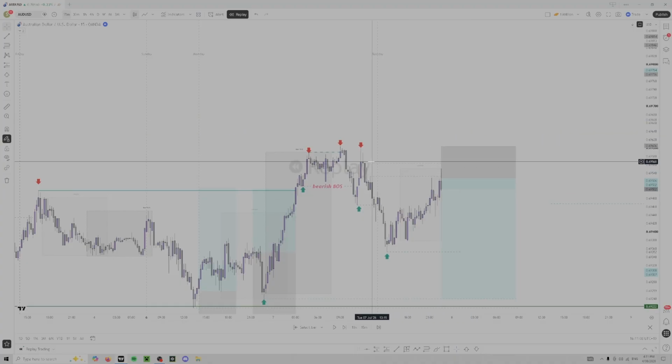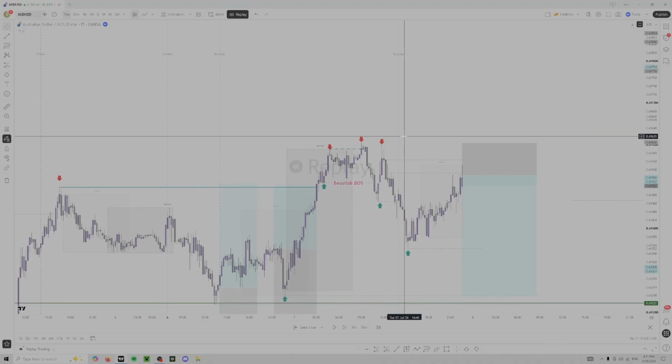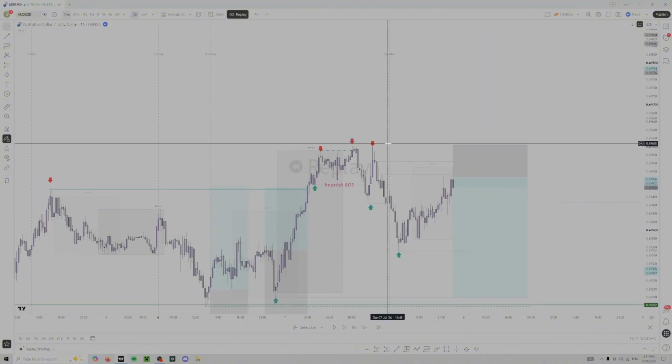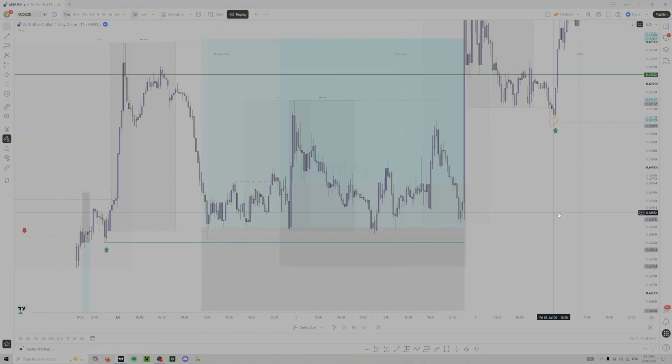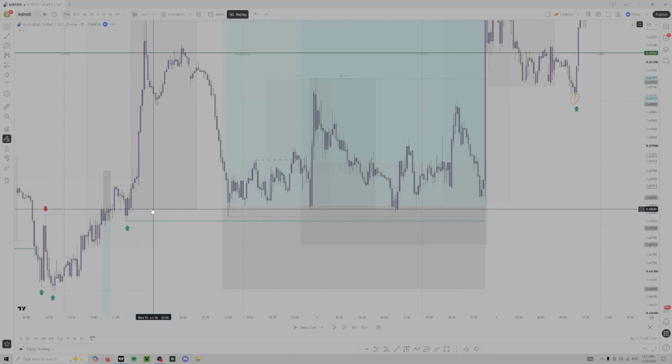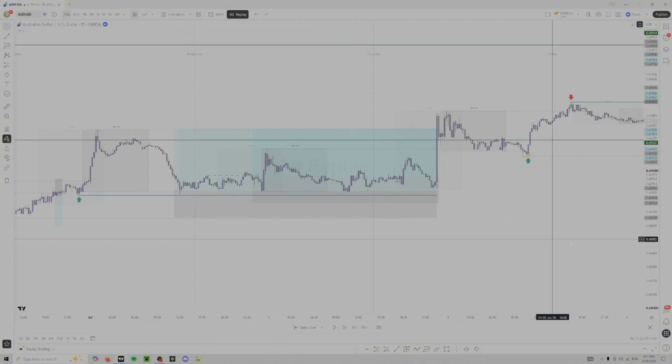You remember how I entered on the M15 no bottom wick here? It's an H4 as well, but I entered from that.